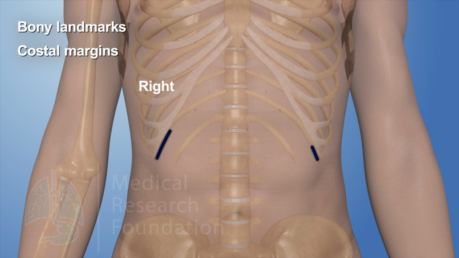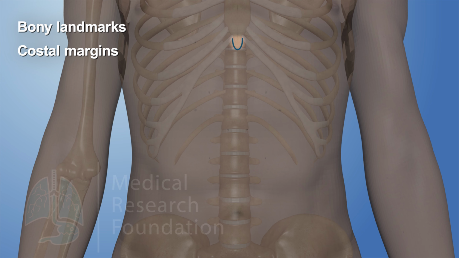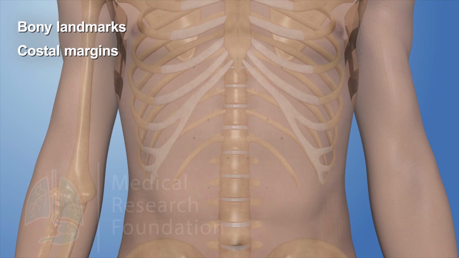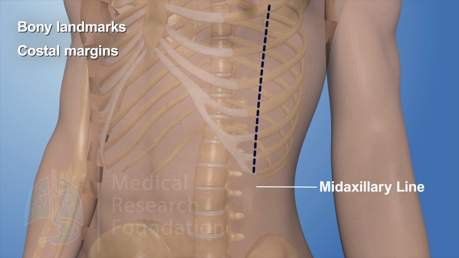The right and left costal margins run upward and medially toward the side of the xiphoid process to enclose between them an infrasternal subcostal angle. The costal margin reaches its lowest level in the mid-axillary line.